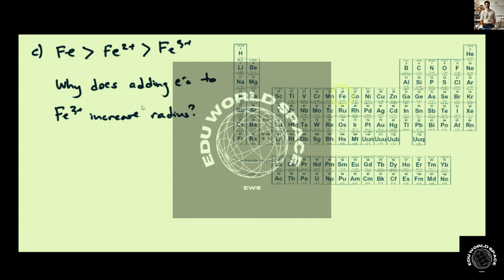And the reason for this, hopefully this looks familiar, is again because of electron-electron repulsion. As you remove electrons, they repel each other less and they get pulled into the nucleus closer. So that's the problem.